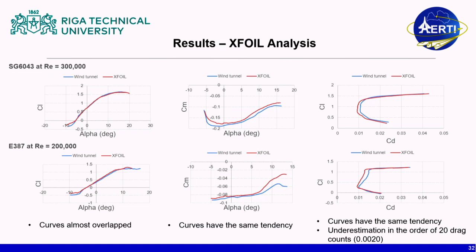Main aerodynamic parameters were computed, such as the coefficient of lift, coefficient of moment, and the ratio of lift and drag. Only small deviations are there, which are very commonly found in computational results. However, if you see these results, they confirm that X-foil is a reliable tool for designing aerofoils.